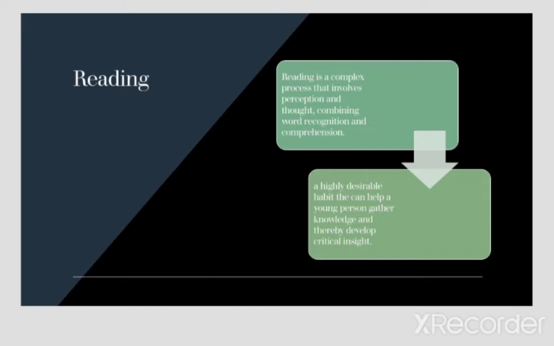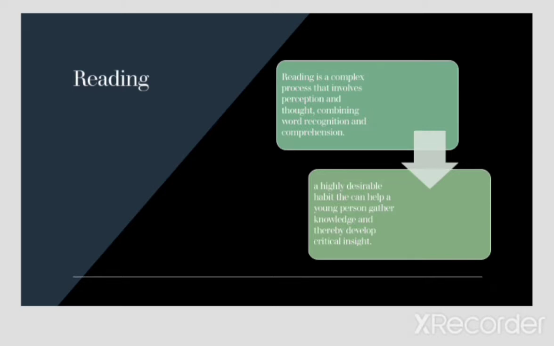Reading is a complex process that involves perception and thought. We create our own views while reading. Reading is a multifaceted process that involves perception and thought, combining word recognition and comprehension.